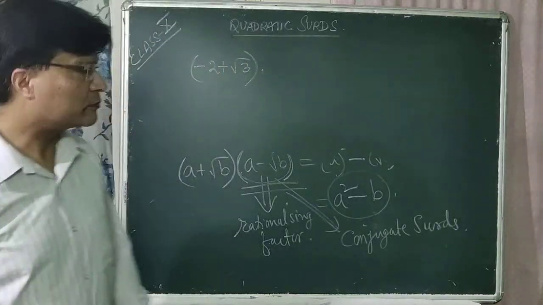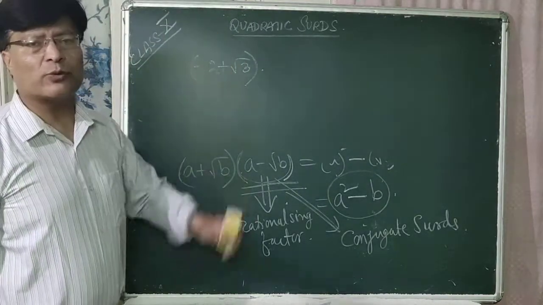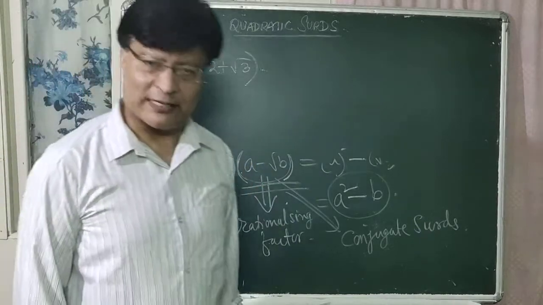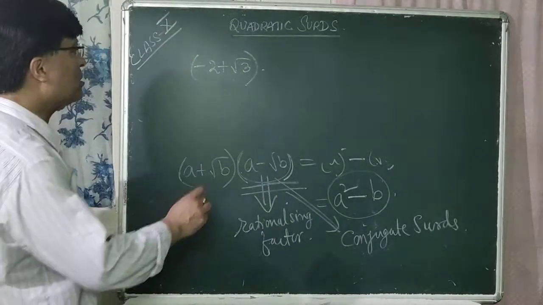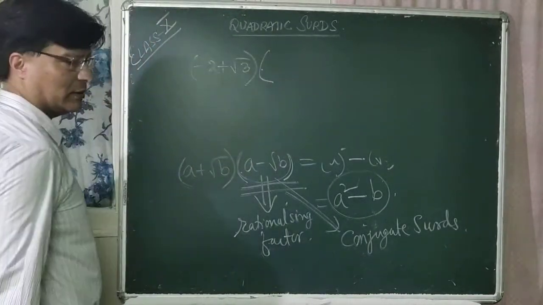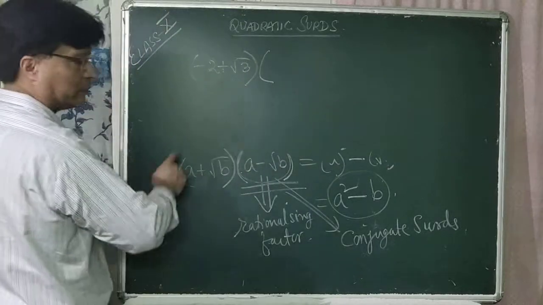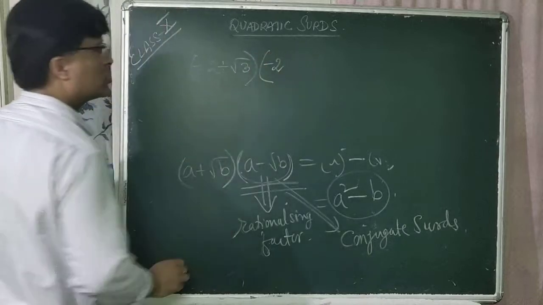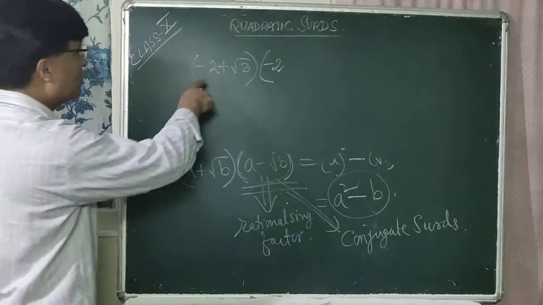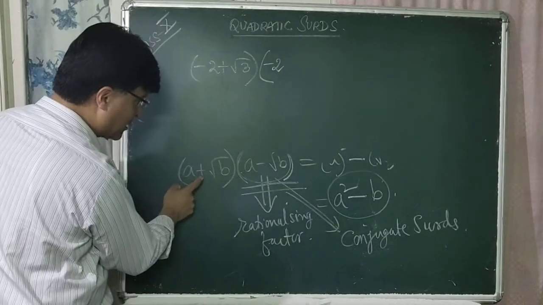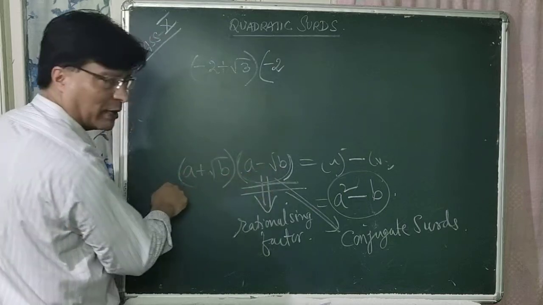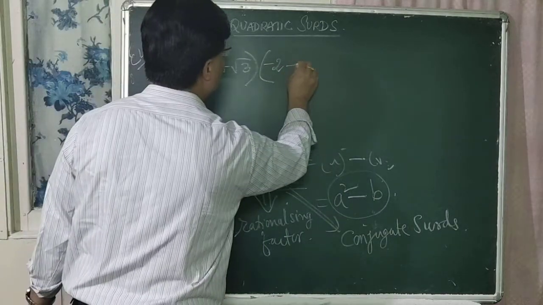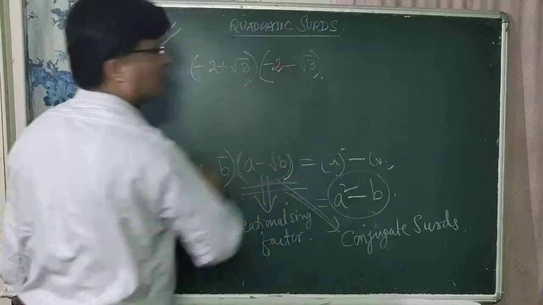Okay? So now let us remove the square root from this factor. By which factor will you multiply it? This is your rational part, minus 2, and it remains the same. But in place of the plus, what do we write? Earlier, if it was plus root over b, we multiplied by minus root b. Here there is a plus, so we multiply by minus root 3.